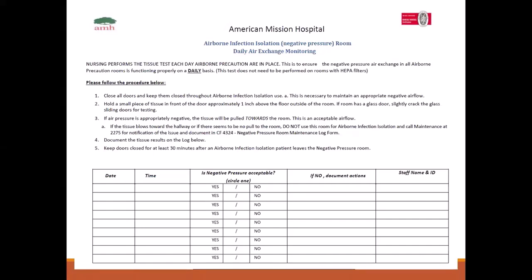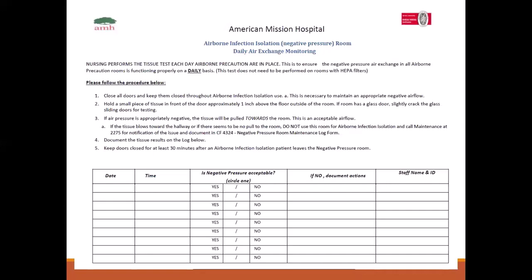Negative pressure is to prevent microorganisms from coming from the patient room to outside the room. That's why we have to keep the door closed and the system should be functioning properly.